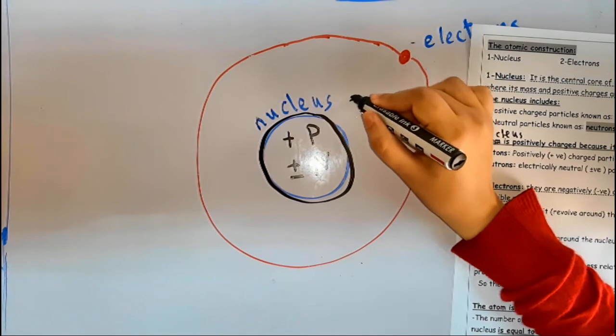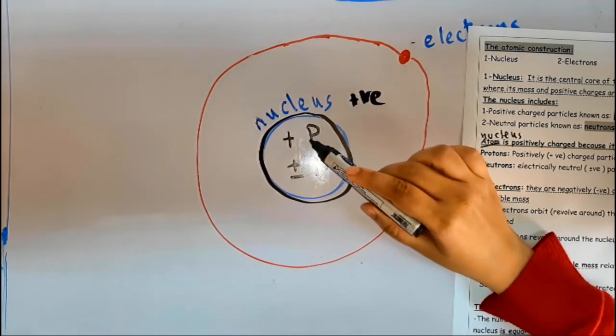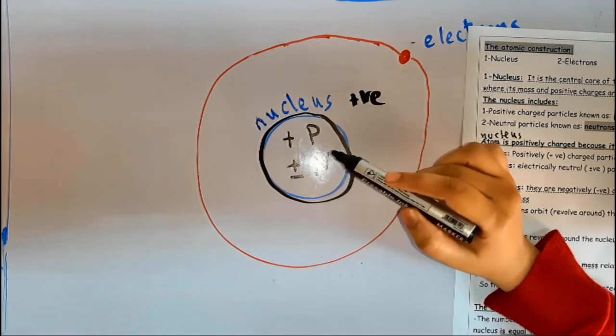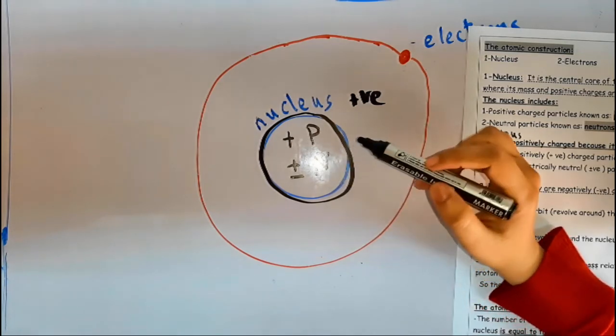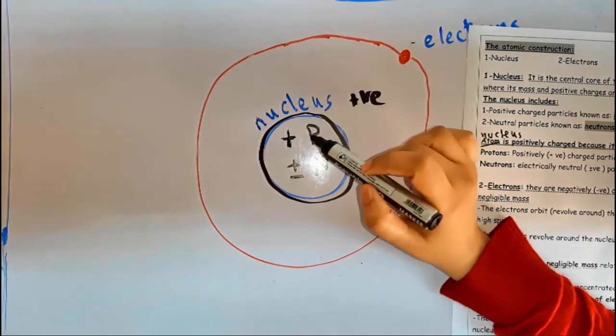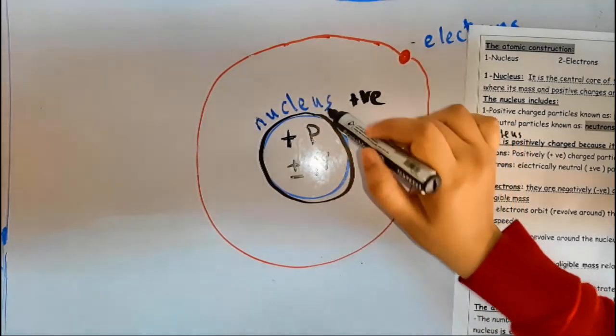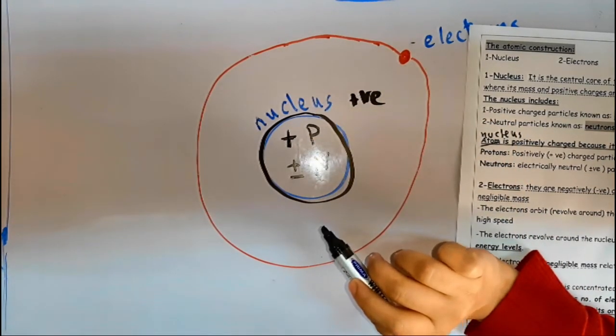Why is it positive? Because it contains positive protons and neutral neutrons. Neutrons have no charge, so we have only one charge inside the nucleus, which is positive. So the nucleus will be positive.